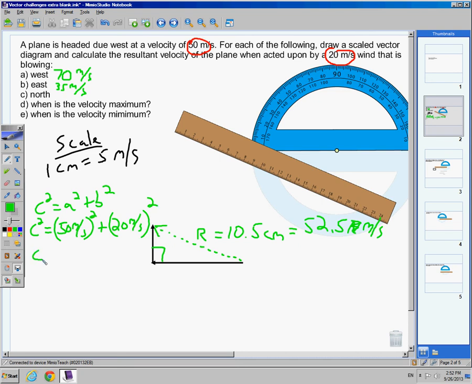I'm not going to bother you with all the math. The answer comes out to be 53.9 meters per second mathematically. Well, that means we're off by, let's see here, 1.4. And that would be totally acceptable.